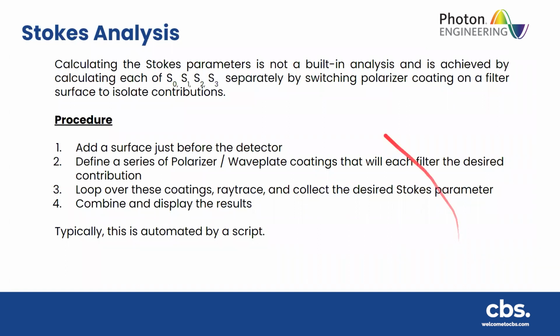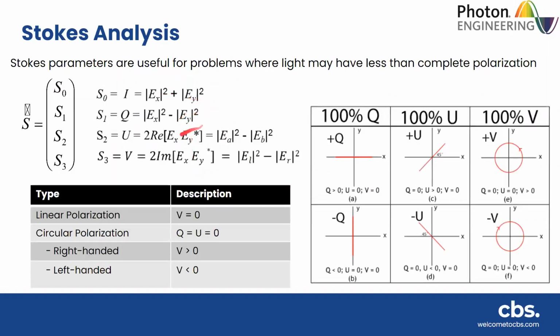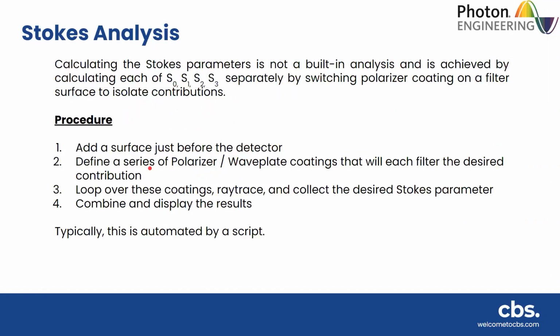But what we do here is just before our detector, we add a filter. So we add a surface just before the detector. We define the series of these ideal polarizer waveplate coatings, and we're going to switch them on and off one by one so that we can collect each individual quantity, and then we can do our own sums.